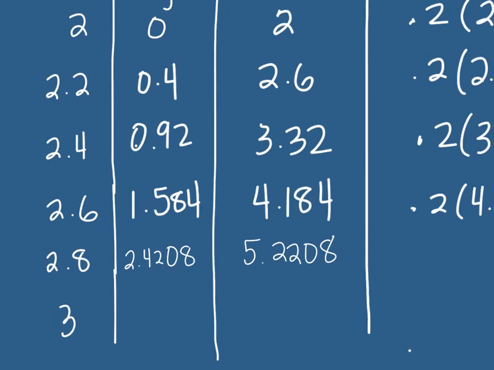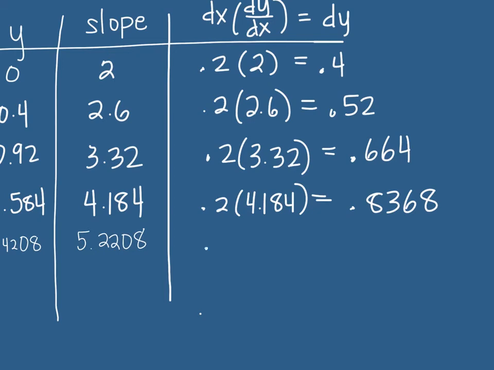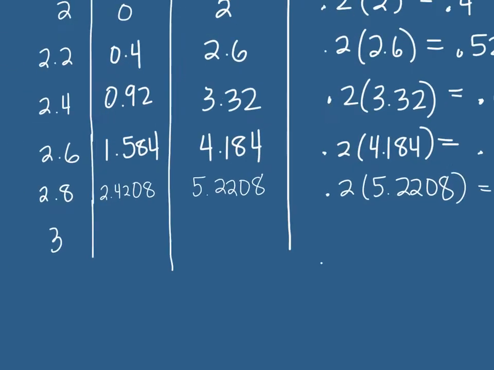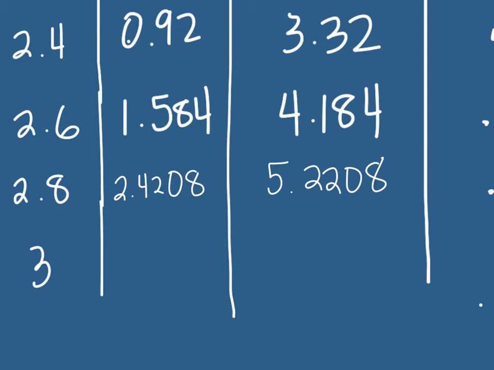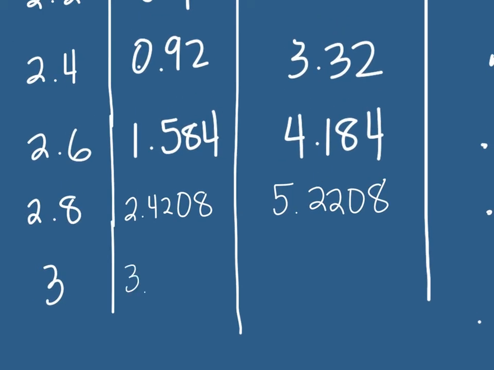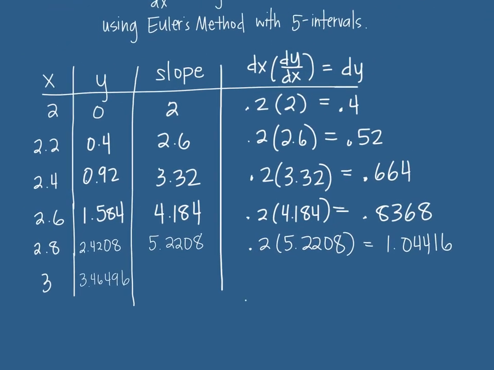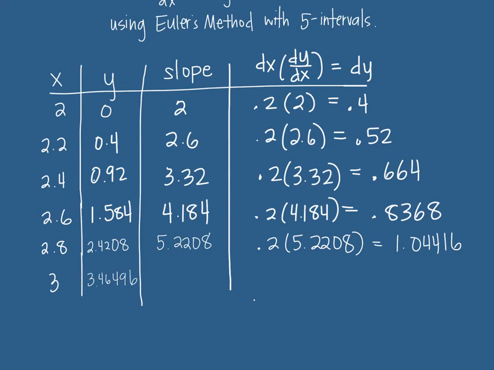Multiply 0.2 times 5.2208, we're almost done, and we get 1.04416. Add that, and you get 3.46496, and you stop. And that is Euler's method of estimating what f of 3 was.